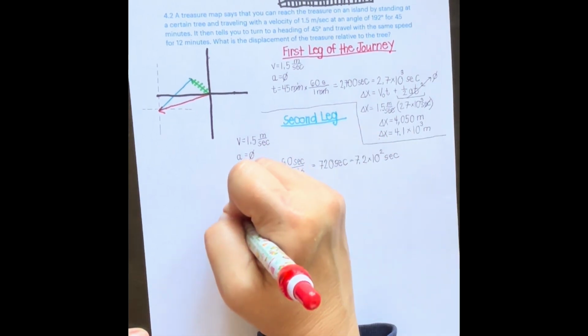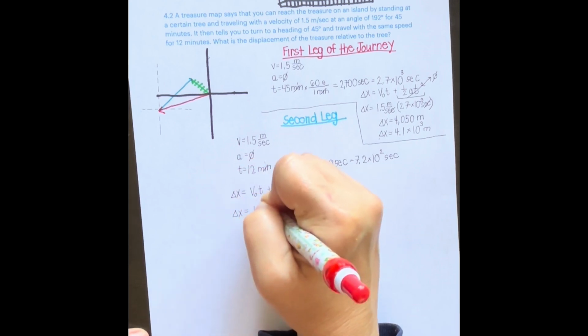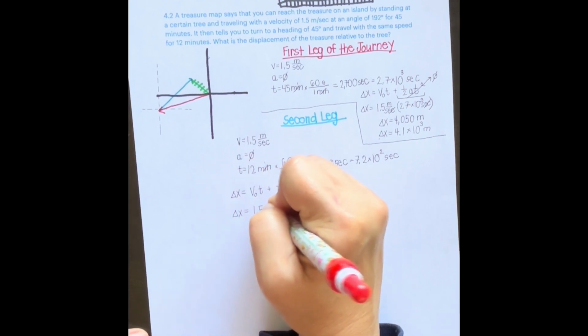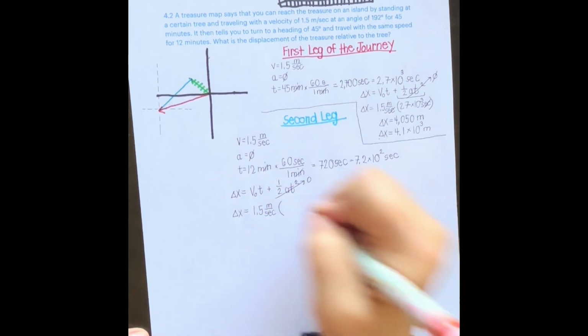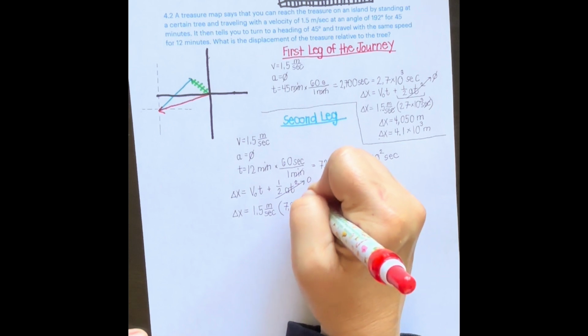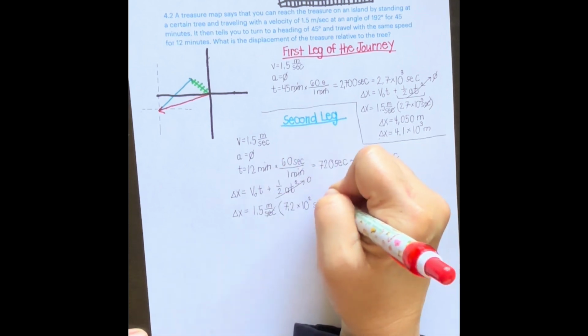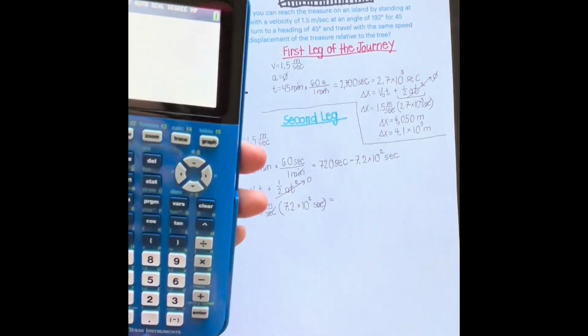So we're left with delta x equals 1.5 meters per second times 7.2 times 10 to the squared seconds. Our answer is going to be in meters, which it should be because it is a displacement, which is a distance.